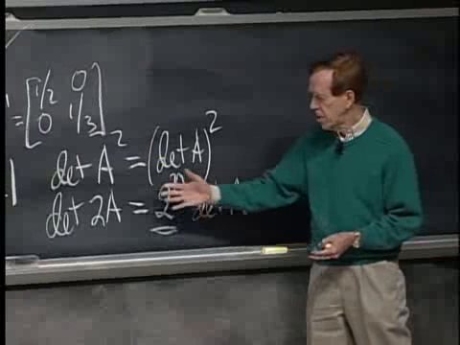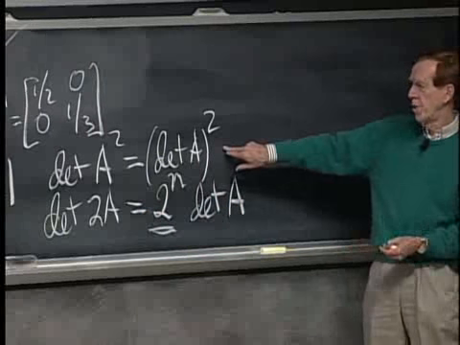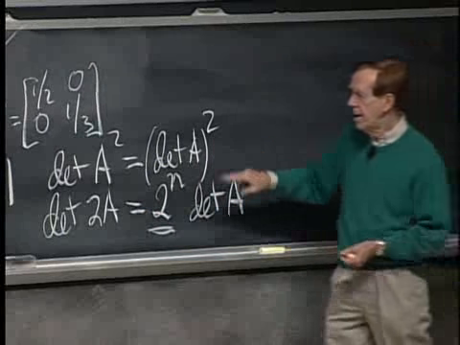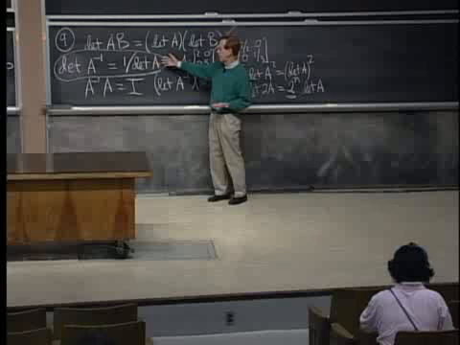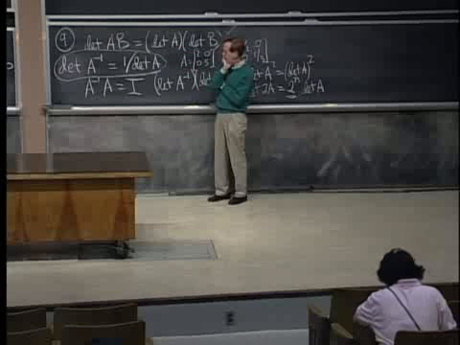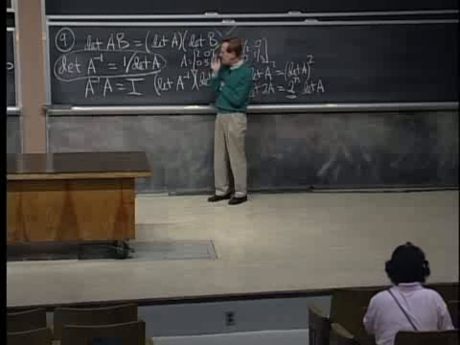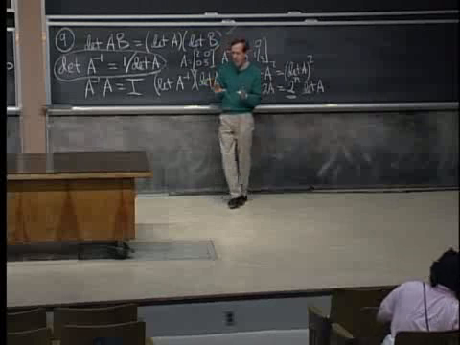And this is rule 3a here. This is rule 9. And notice the way this rule sort of checks out with the singular, non-singular stuff. If A is invertible, what does that mean about its determinant?